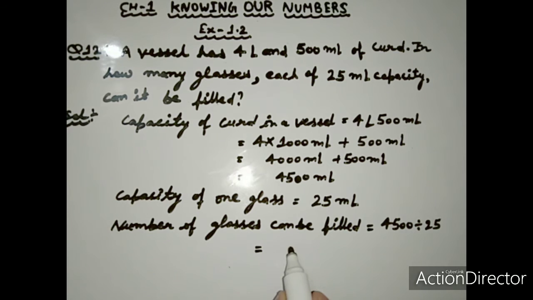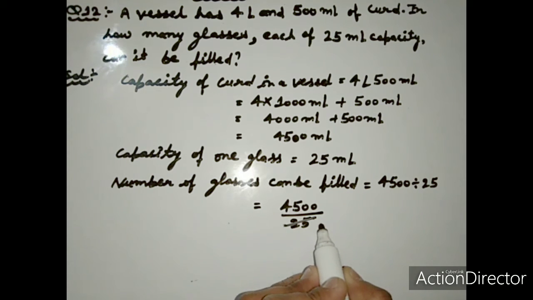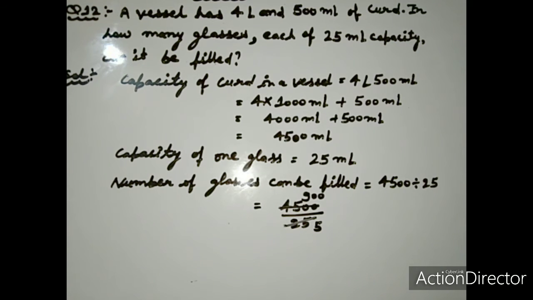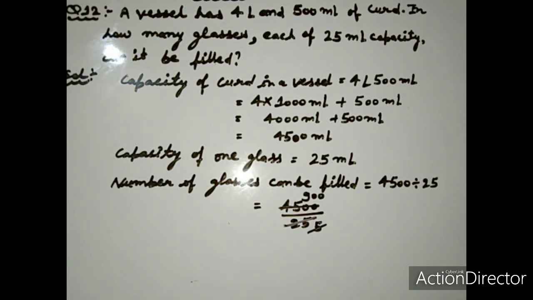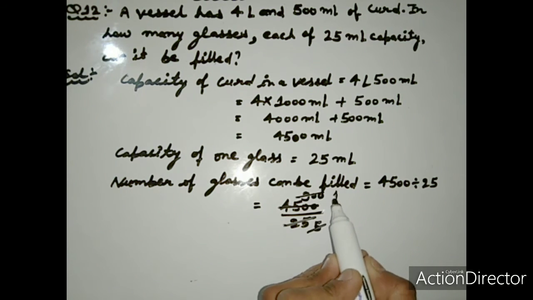Now here we use fraction method to divide 4500 by 25. So here we divide these both number by 5. 5 5s are 25 and 5 9s are 45. Now again here we divide 900 by 5. 5 ones are 5.